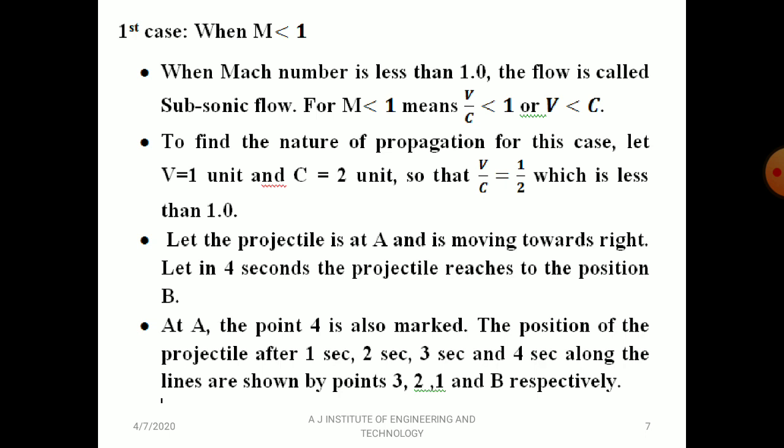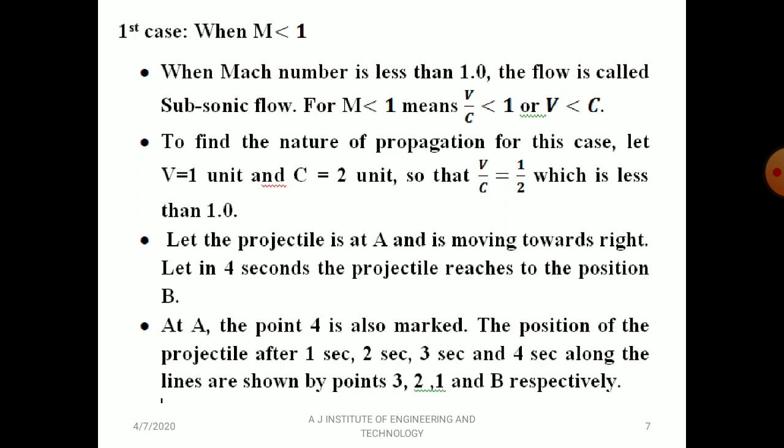The velocity of flow should be less than the velocity of the sound wave or disturbance. To find the nature of propagation for this case, let us assume 2 values for v and c. To get a Mach number less than 1, v should be 1 unit and c should be 2 units, so that v by c equals 1 by 2, which is less than 1.0. It satisfies the case, that is M less than 1.